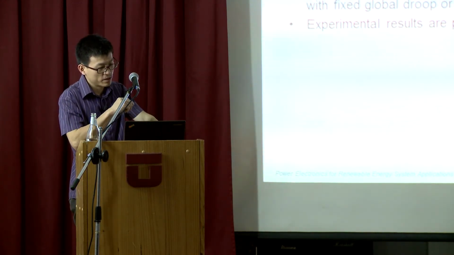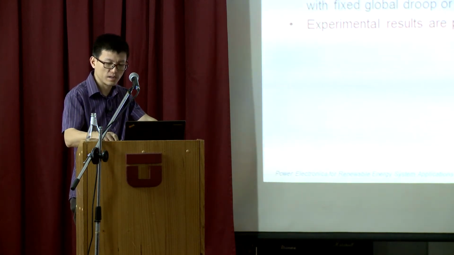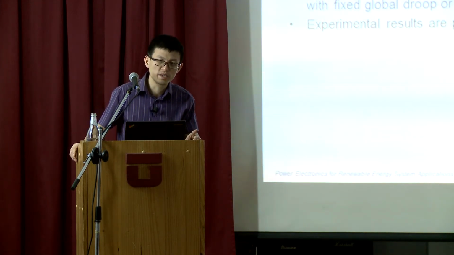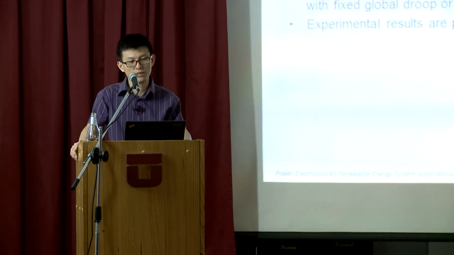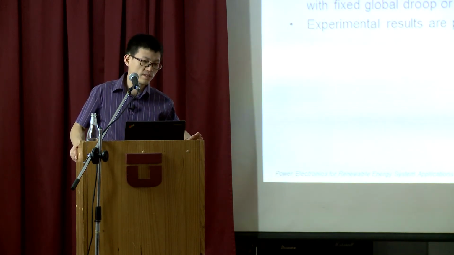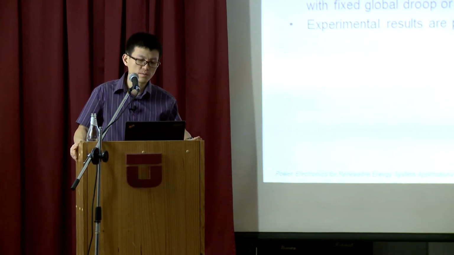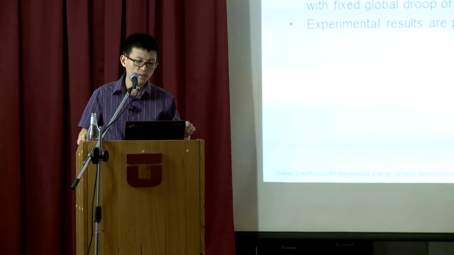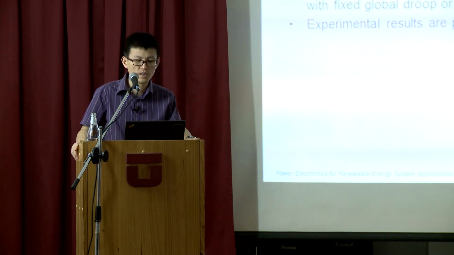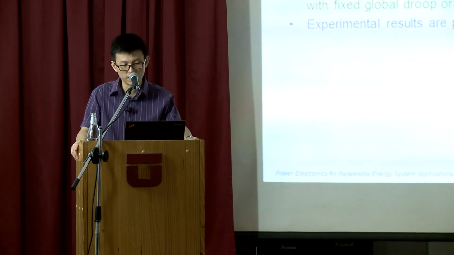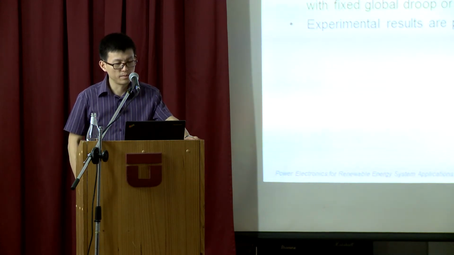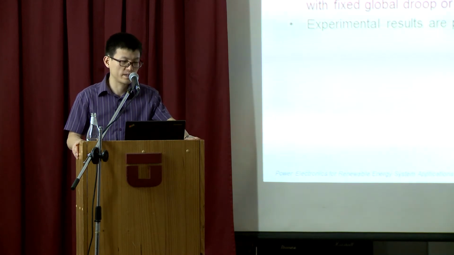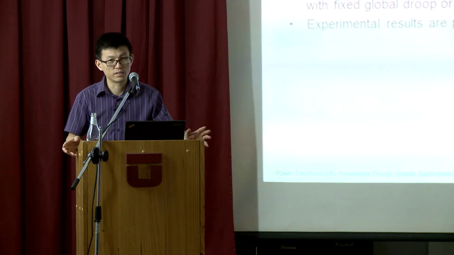So for stability analysis, we study droop control. The first question is, what is the impact of this droop gain on the standalone system? Secondly, what is the impact if we connect all these systems in parallel to the common DC bus? The method we use is small signal analysis based on impedance. The message is, firstly, that global voltage feedback doesn't really give you benefits in terms of stability.